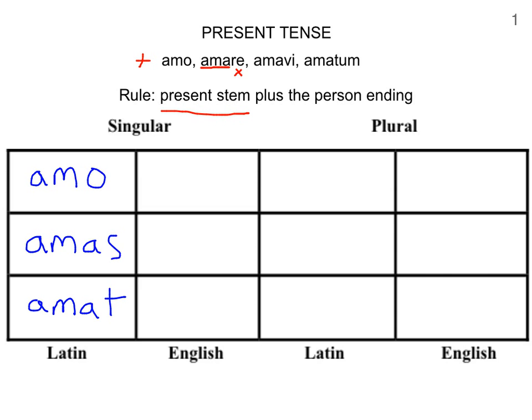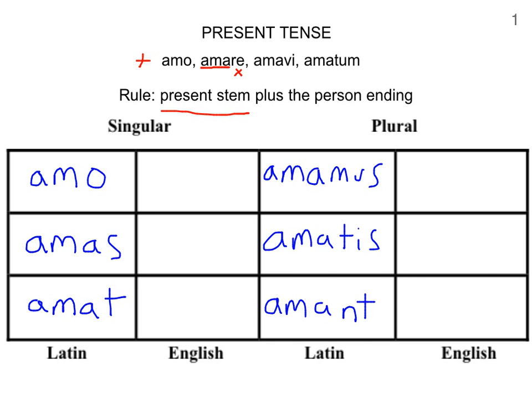And then the plural, we have AMA plus mus, and then AMA plus tis, and then AMA plus NT.